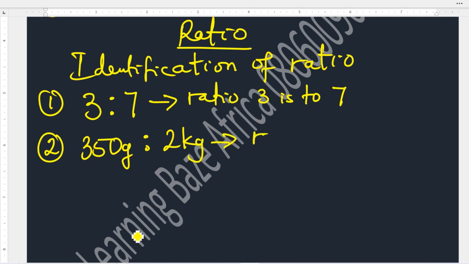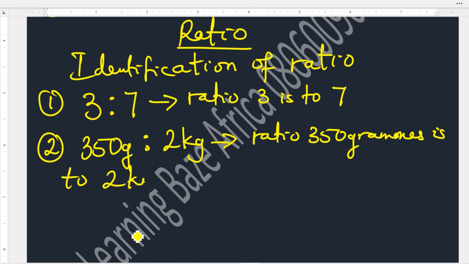And it is pronounced as ratio 350 grams is to 2 kilograms. So these are examples of ratios.